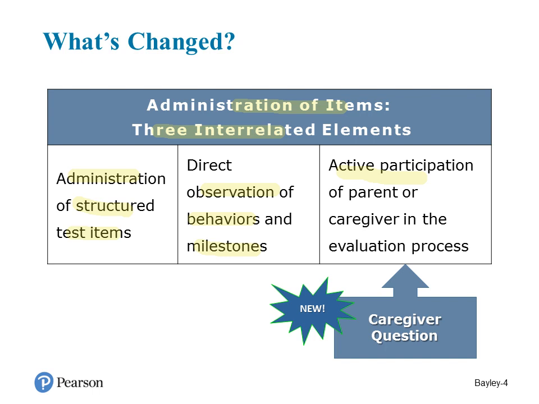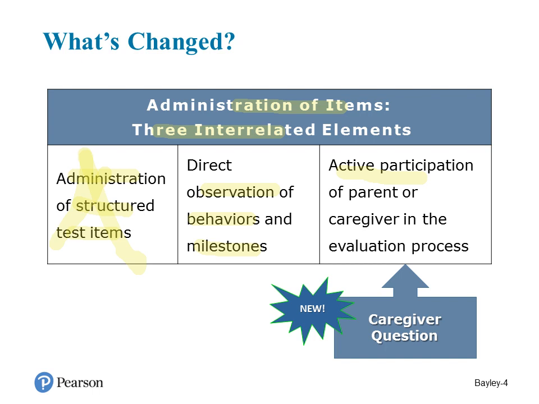So if I do not observe the child demonstrate the behavior incidentally, if I'm not able to elicit the behavior by administering this structured test item, I can ask the caregiver question, and I could score that item based on the caregiver's response. So that is a component that is new.